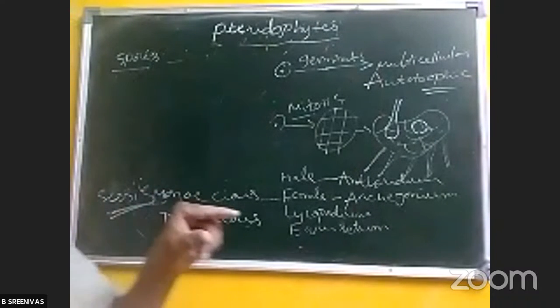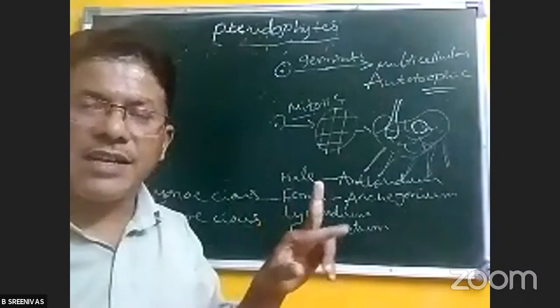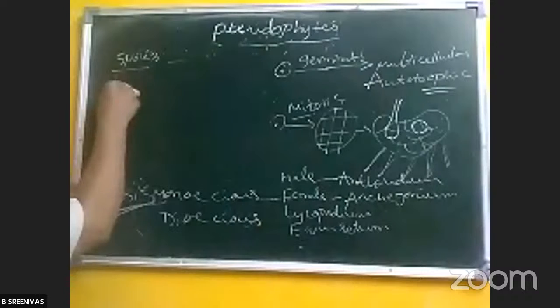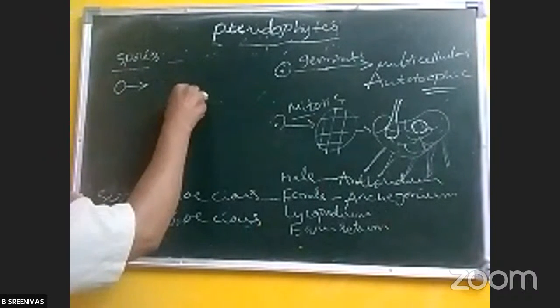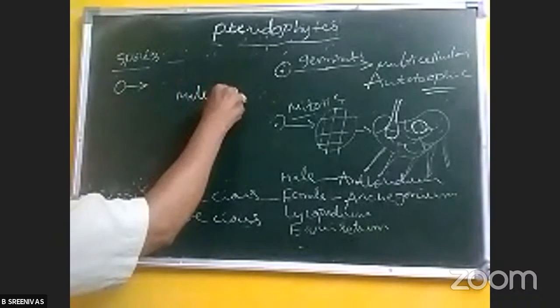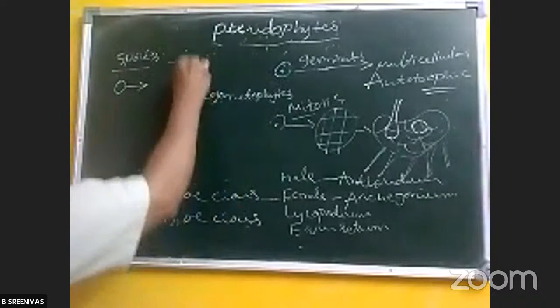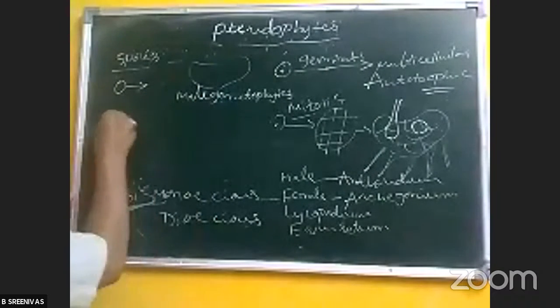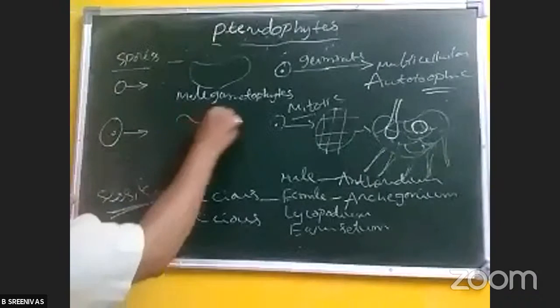Here I told that two types of spores are present: microspores and megaspores. Microspores germinate and develop the male gametophyte, and megaspores develop and produce the female gametophyte.